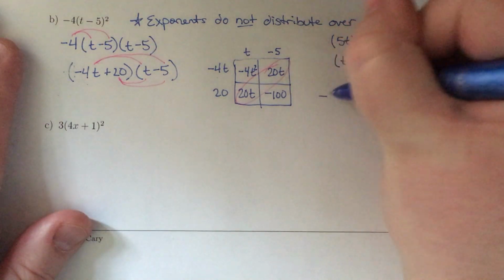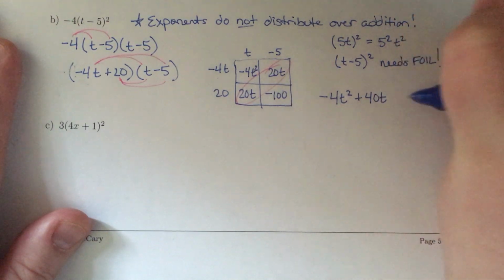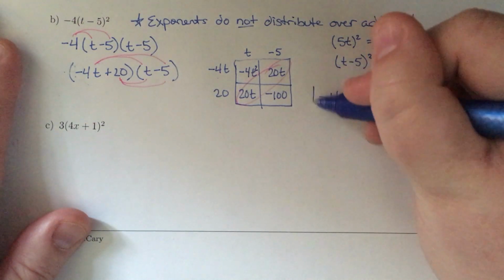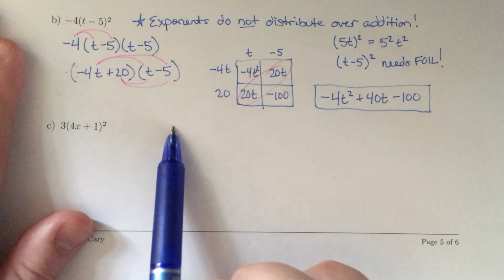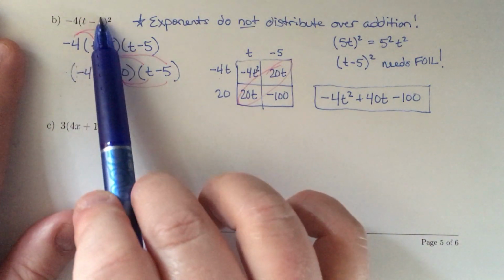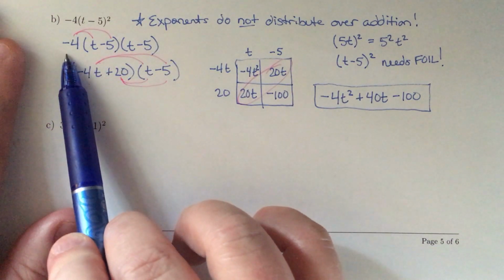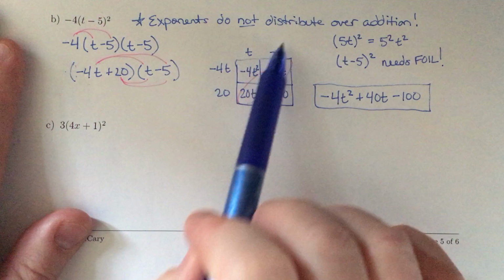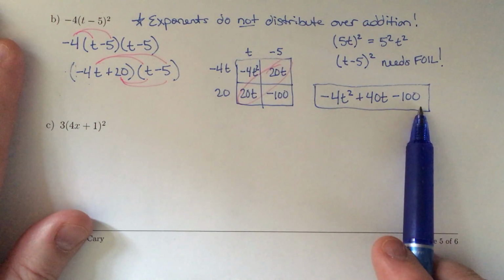So our final answer is -4t squared plus 40t minus 100. That's fully multiplied out. And again, there's multiple ways to get there. You could have done the squaring, meaning done this FOIL first, then multiplied by -4. You could have done the FOIL at this step, box method. But however you do it, this is the final answer.